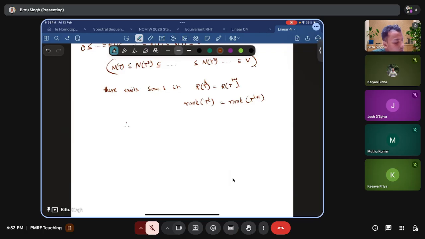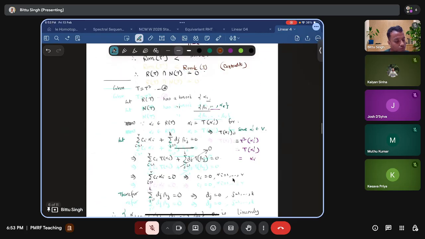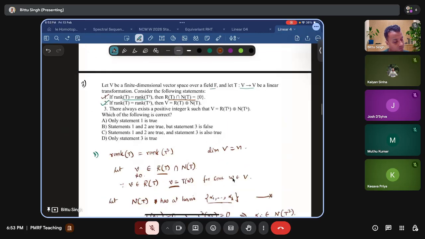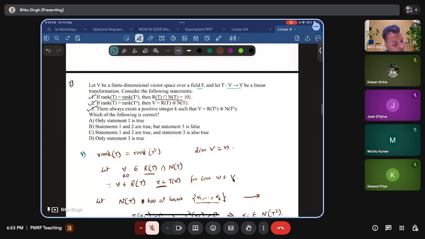Hence, we get the result that V can be written as range of T to the power k plus null space of T to the power k. So this option is also correct. Statements 1 and 2 are true, and statement 3 is also true.